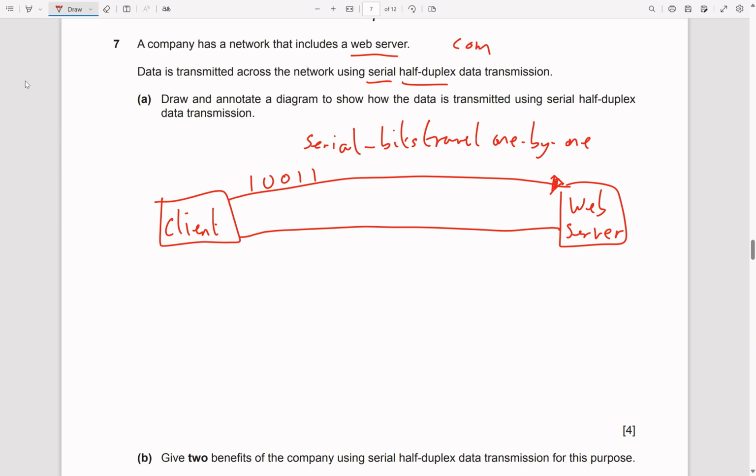Okay, that's going to be the arrow going in that direction. That's the arrow in this direction. Here let's just do some other bits. And then we can say bits travel in both directions.